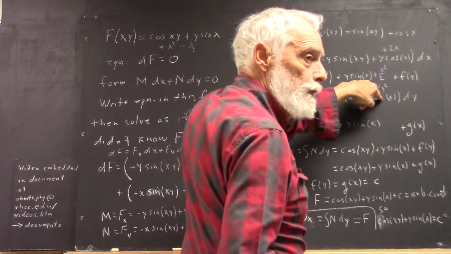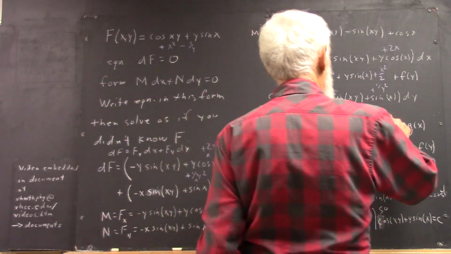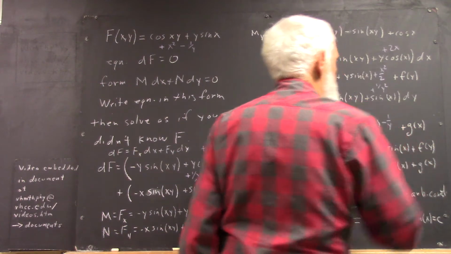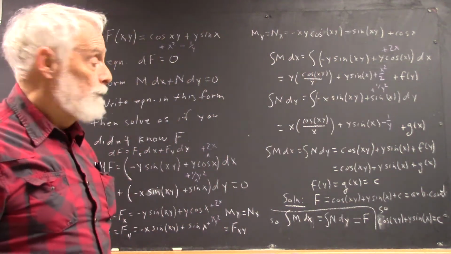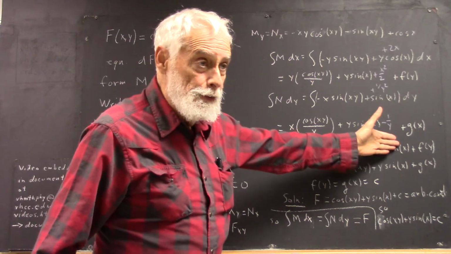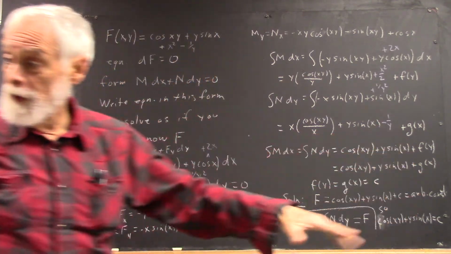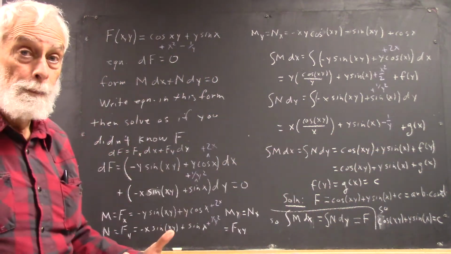And the antiderivative of 1 over y squared is negative 1 over y. Okay? And those are the only differences up to this point between what we had before and what we have now.